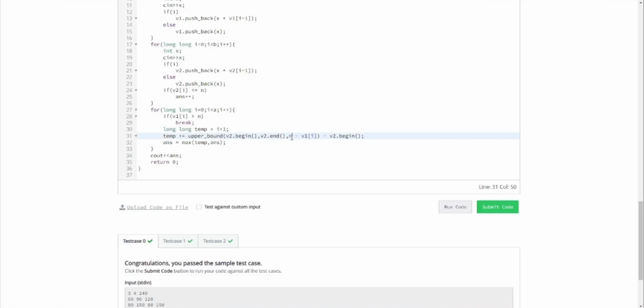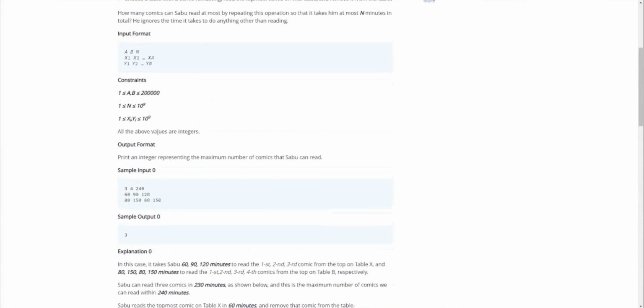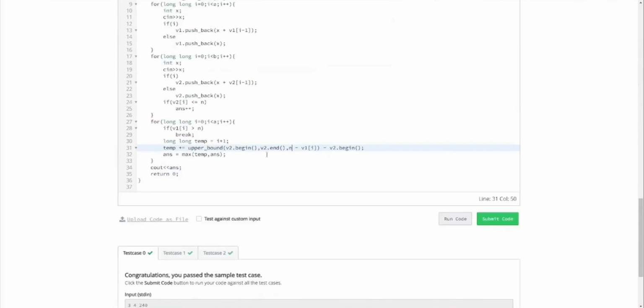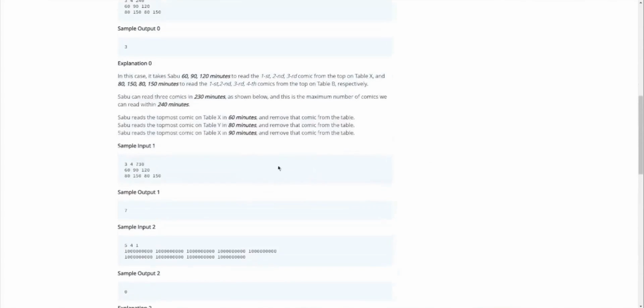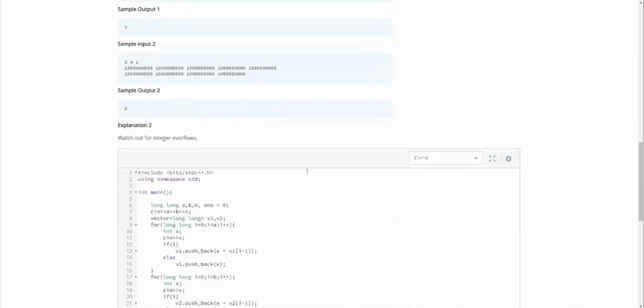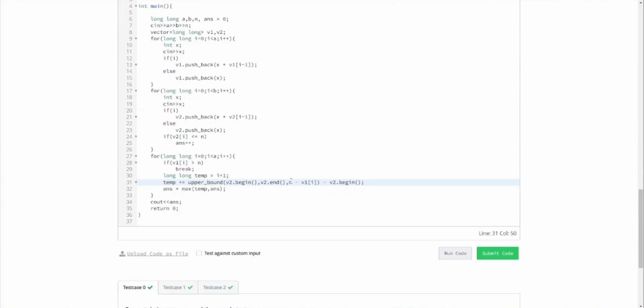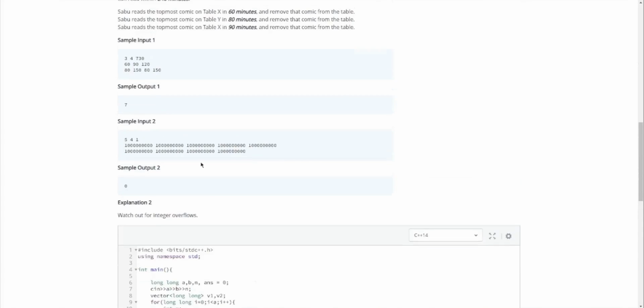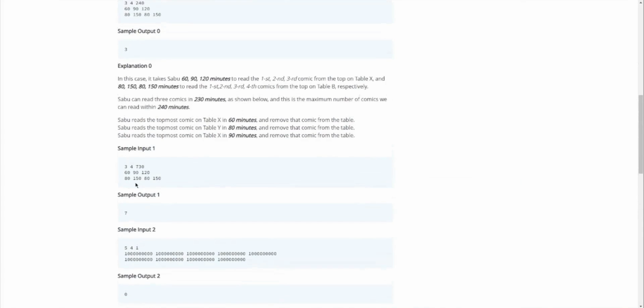Let's say, for example, 240 minus the first number, 60. So 240 minus 60 is 180, right? The closest number to 180 in vector v2 would be 180. The summations are kept in it, right?